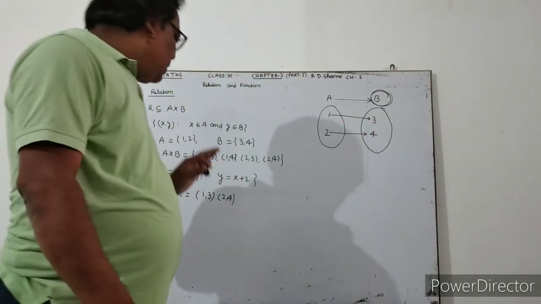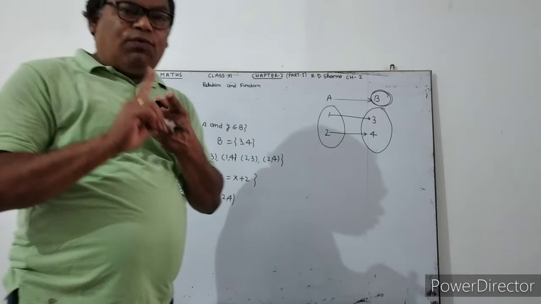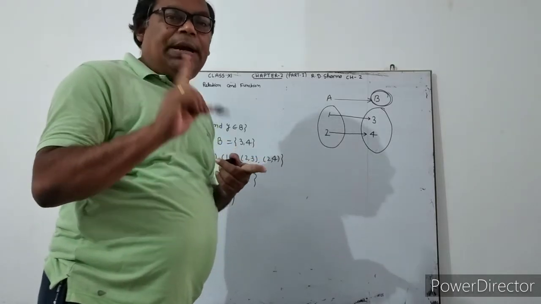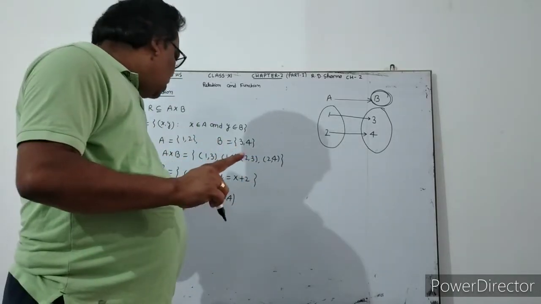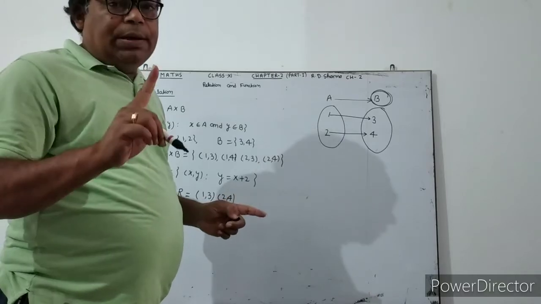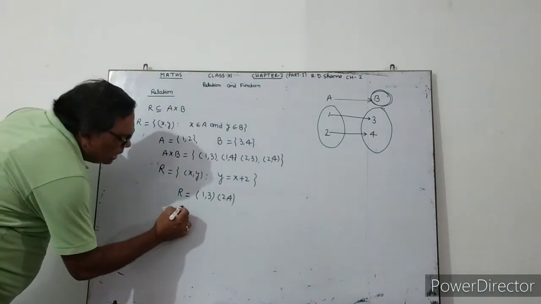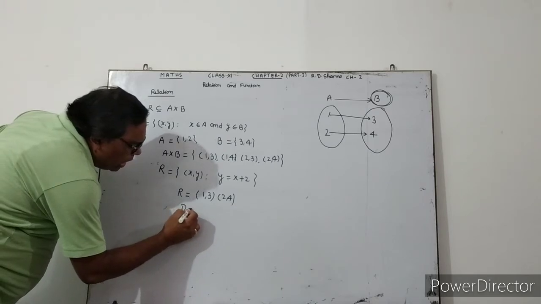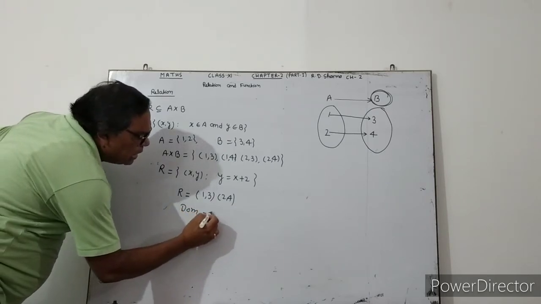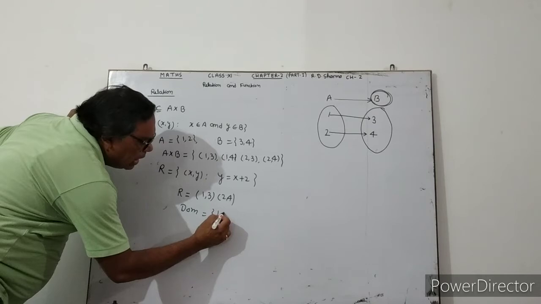And what is the domain? रिलेशन के जो फर्स्ट पोजीशन पे जो एलिमेंट है, वो डोमेन। The domain of this relation is 1 and 2.